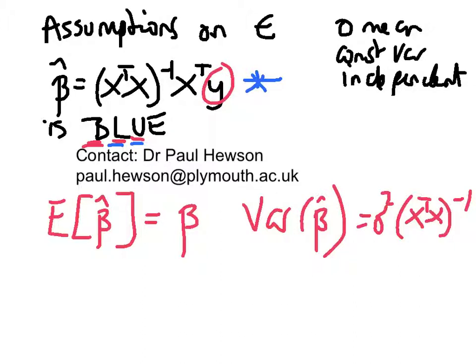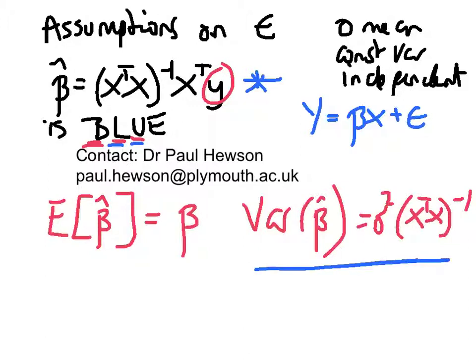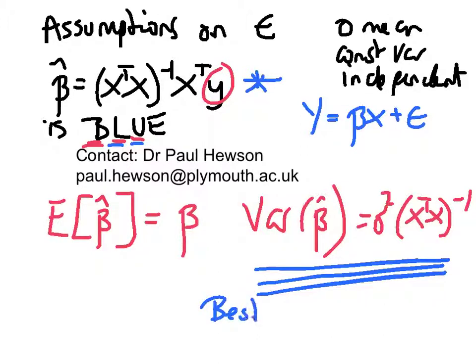But out of the possible linear unbiased estimators we have for beta in the model y equals X beta plus epsilon, we don't find anything that has lower variance than this. So the best property tells us this is the lowest variance we can get amongst linear unbiased estimators.